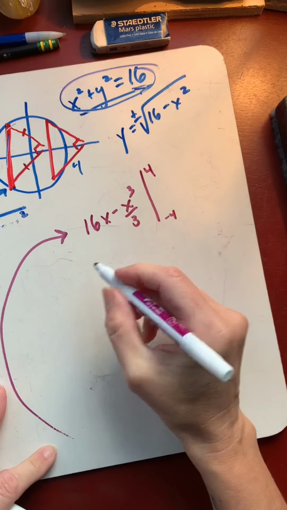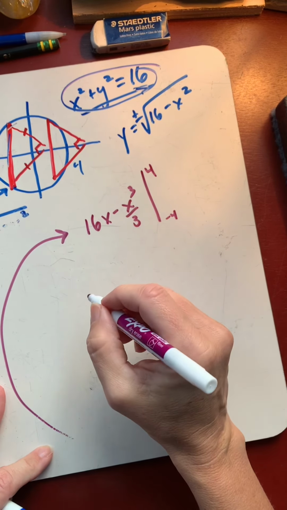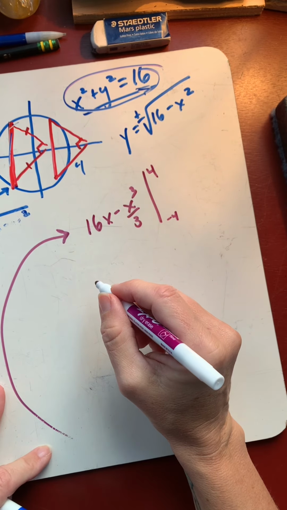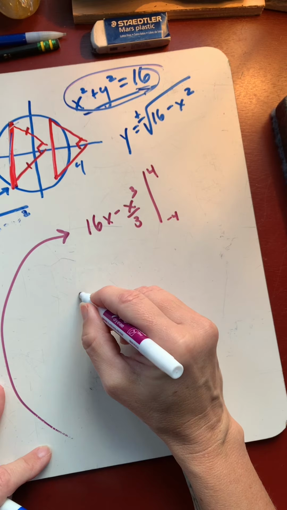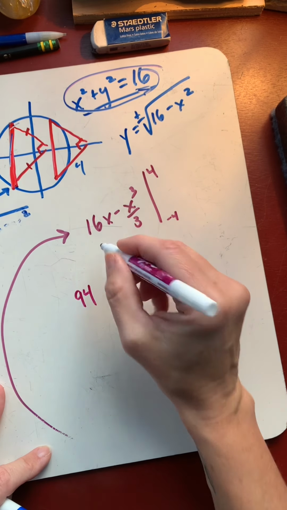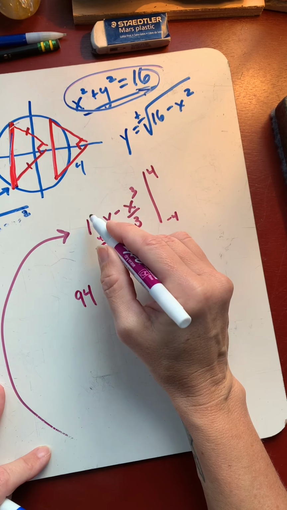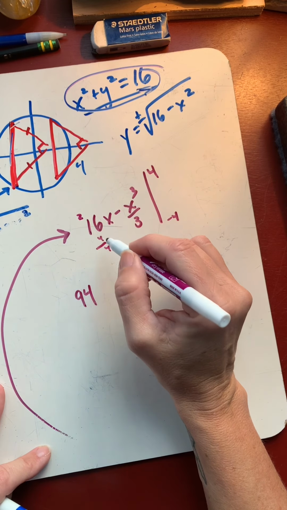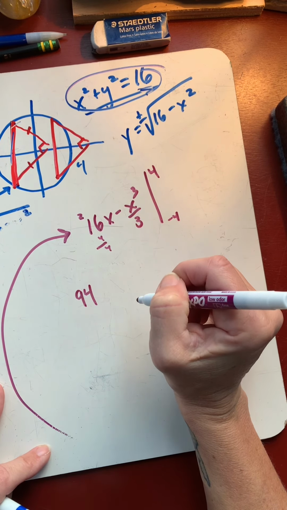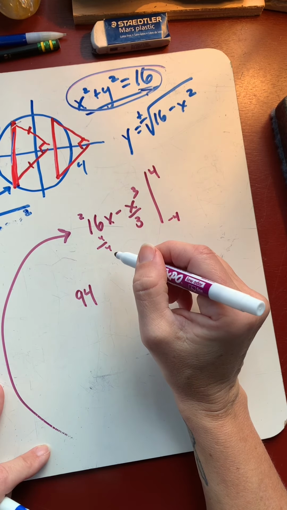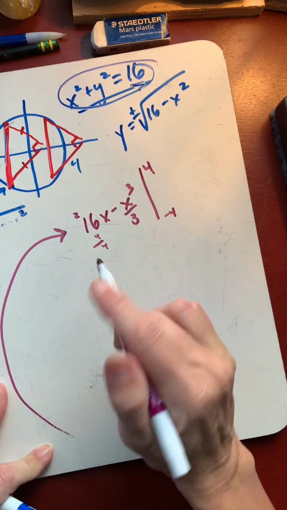Let's get that. 16 times 4, is it 94? It's a really stupid question. Wait, what? Oh my God. 64.